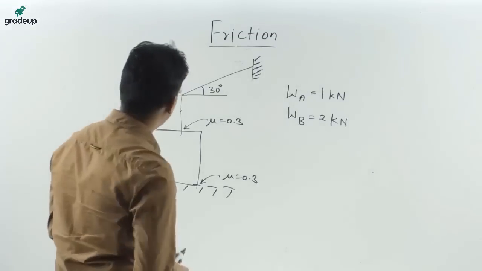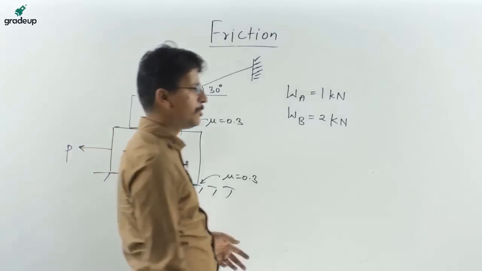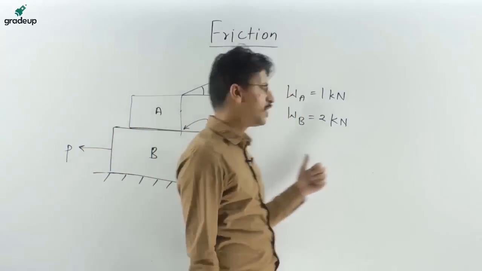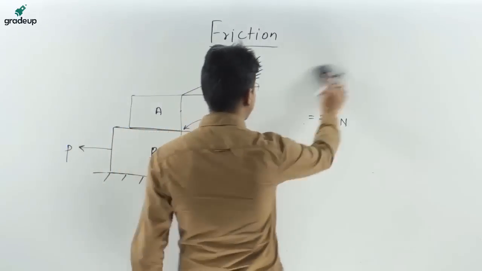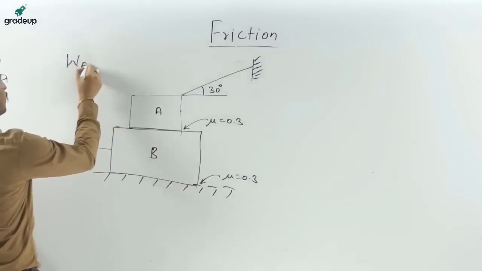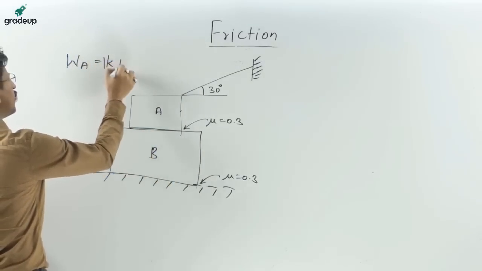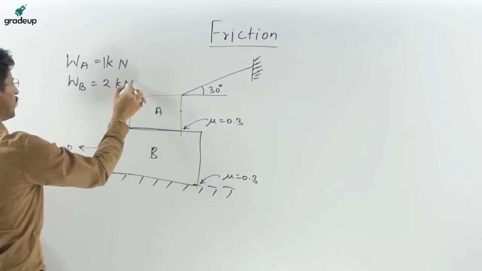We will take both the bodies one by one, make the equilibrium equations for them and find out the value of P. Let me write these values here. Weight of A equal to 1 kilonewton and weight of B equal to 2 kilonewton.